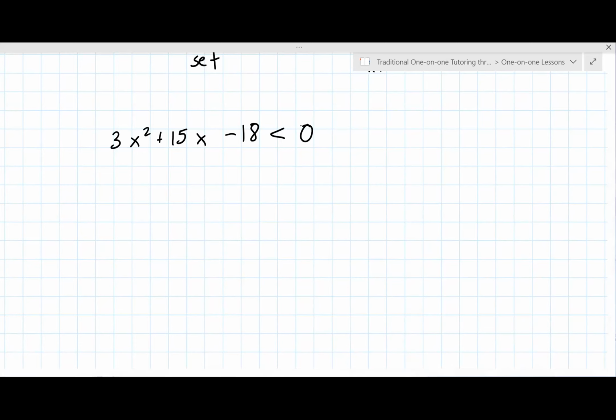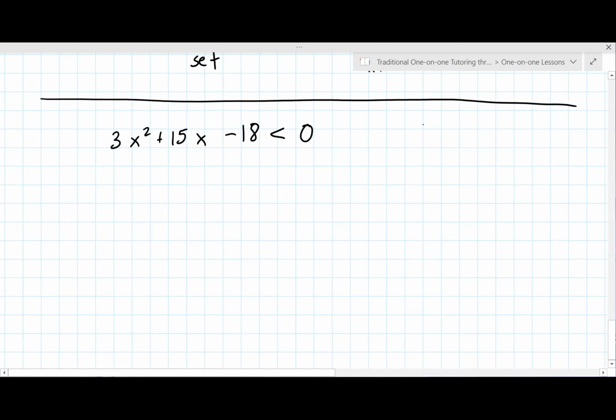The first thing to do when you see a problem like this is GCF factoring. What number goes into all three of these? What number perfectly divides each of those? 3. So you put a 3 on the outside, but you're dividing each of these by 3. So it's x squared plus 5x minus 6.